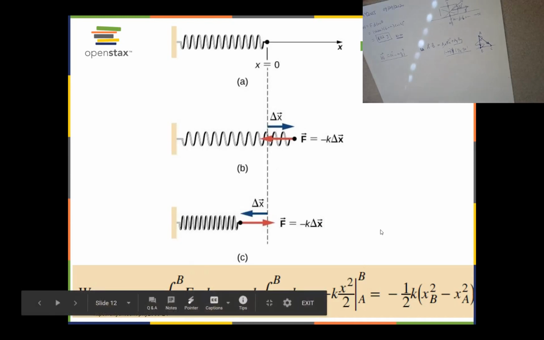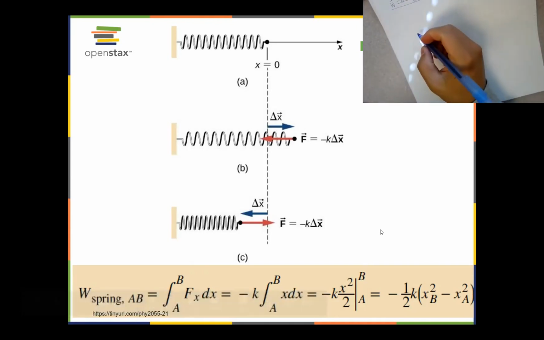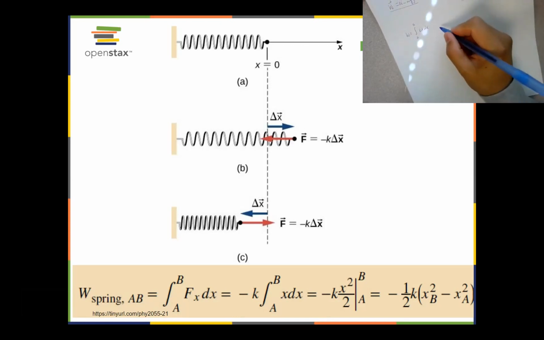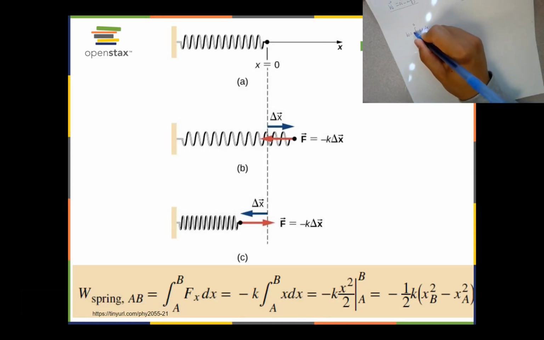We can just write x instead of s or delta x. So work done is equal to the integral of kx dx, if you are going from point A to point B, with a negative sign because they are opposite to each other.